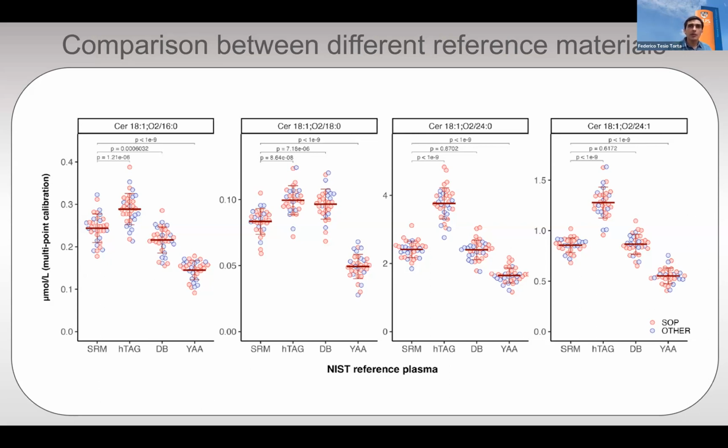But we also have to say that unlike the 1950, which was pooled from 100 healthy individuals, these are prepared from a smaller number of individuals, usually between 11 and 16 in total. And there are not many values certified or referenced like it is for the 1950.